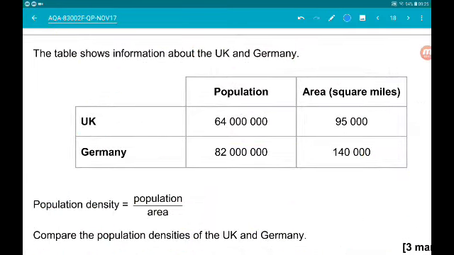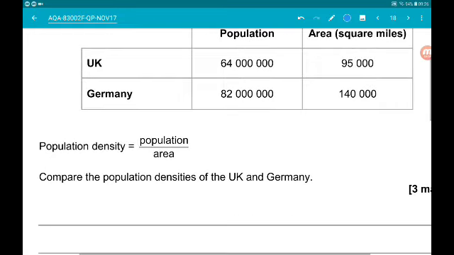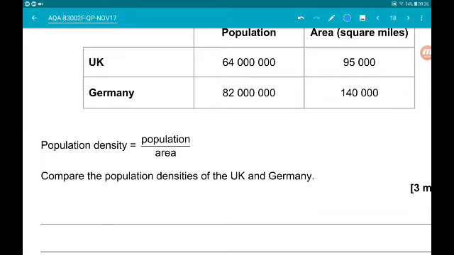Okay, question 22, we have yet another table. They are loving data in this paper. Boring. Right, so the table shows information about the UK and Germany. So we got the population size and the area in square miles. Okay, bit of geography here.